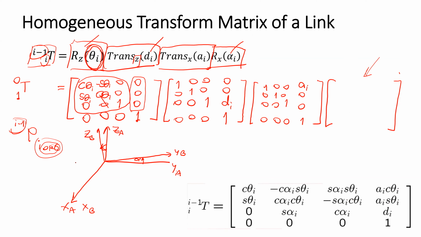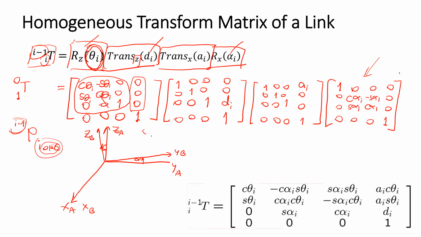You will recheck by yourself, but for me, it will be like this. And for the pure rotation, we don't change the origin of the frame, so the position vector will be 0 like this.